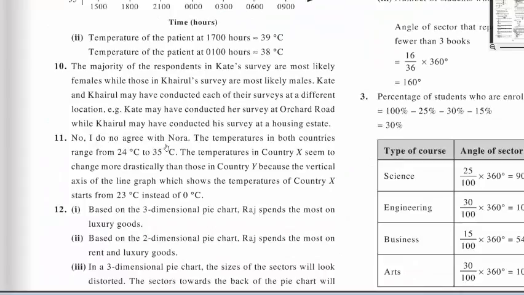No, I do not agree with Nora. The temperatures in both countries actually range around 24 degrees Celsius to 35 degrees Celsius. Temperatures in country X seem to change more drastically than country Y because the vertical axis shows the temperature of country X starting from 23 degrees instead of 0 degrees. So in a very short statement of 2 or 3, you can explain your answer.